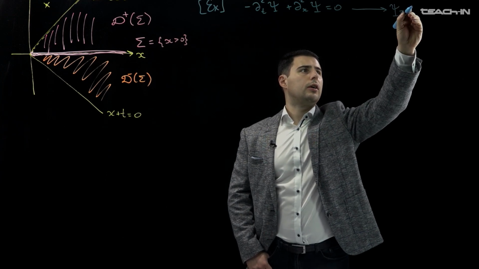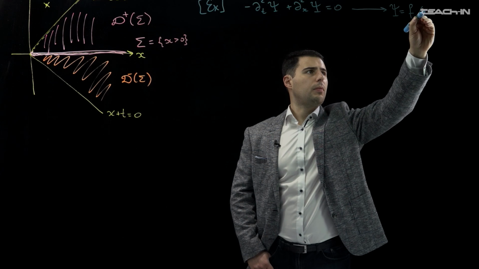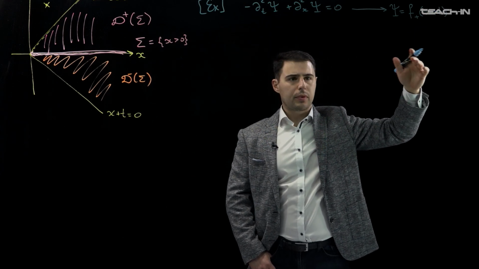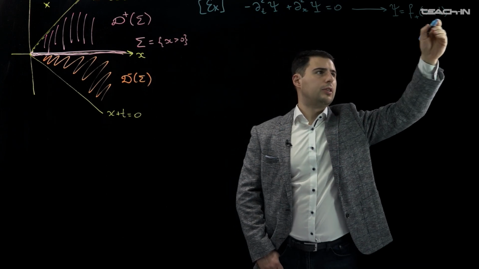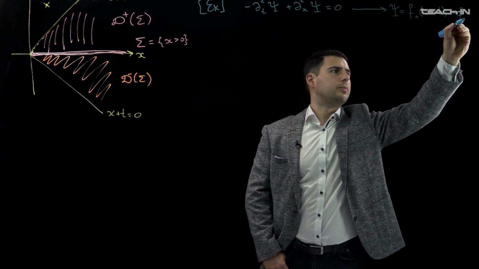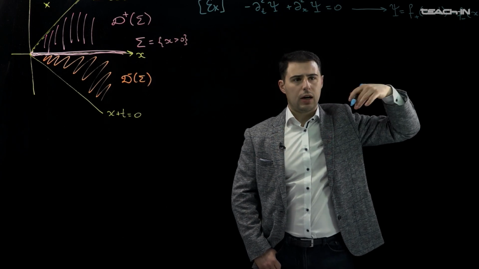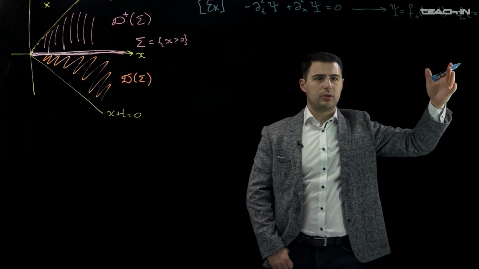So we have advanced and retarded waves, where f plus and f minus are arbitrary functions of a single argument.